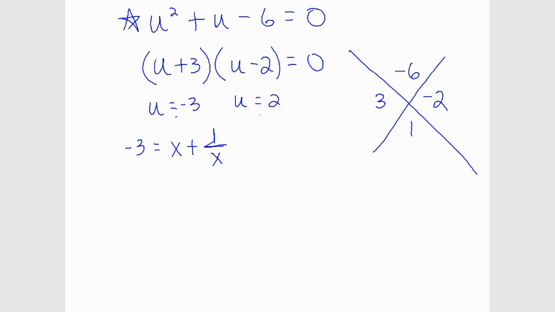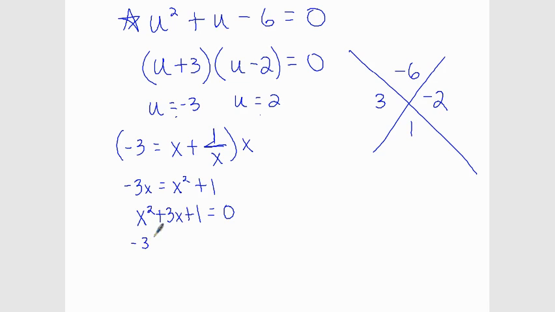So I'm going to go ahead and multiply everything by x. Okay, so I get negative 3x equals x squared plus 1, and then I'll go ahead and add 3x to the other side, and I'll rearrange everything. So x squared plus 3x plus 1 equals 0. Now, what we can do here is work through using the quadratic formula.